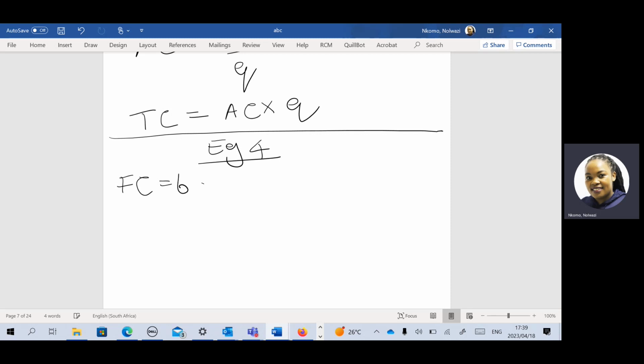The fixed cost is 60, and we are given the variable cost is 1/3 Q cubed plus 2Q squared plus 5Q. And we are given the demand function as P equals 100Q minus 3Q squared.